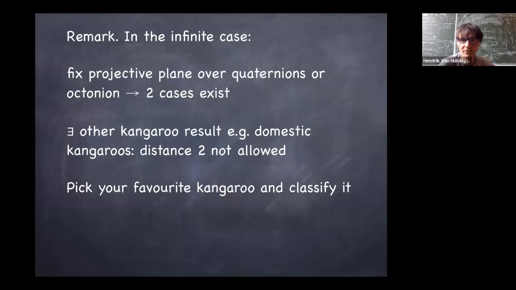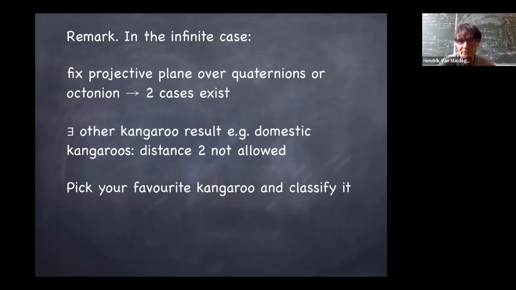These two cases do exist, but quaternions don't exist over a finite field. So that's why there are no examples in the finite case. But in the infinite case, there are examples. And if there are examples in the infinite case, then it's very hard to disprove the existence in the finite case, because everything works, so to speak.